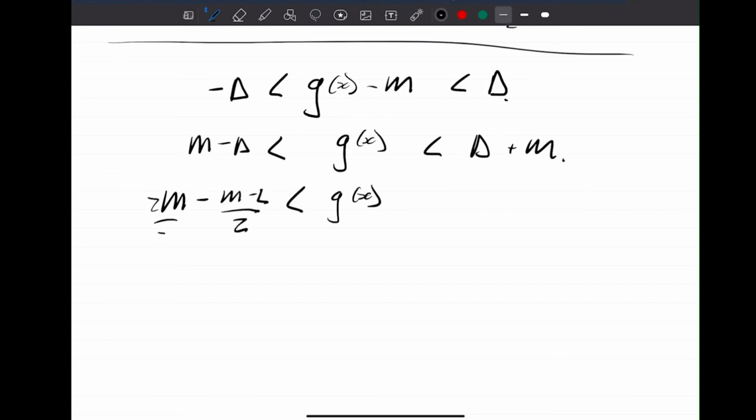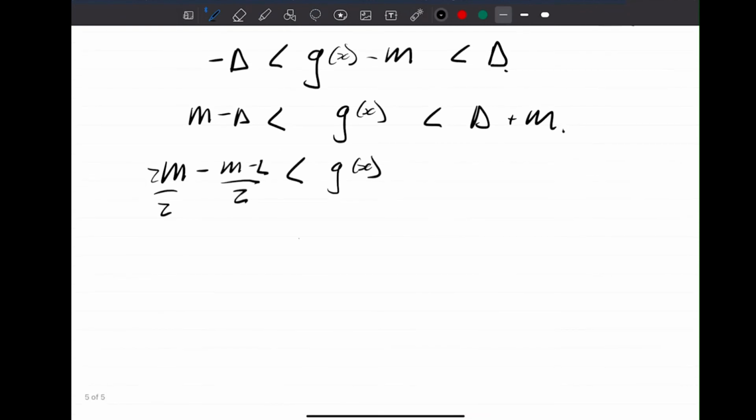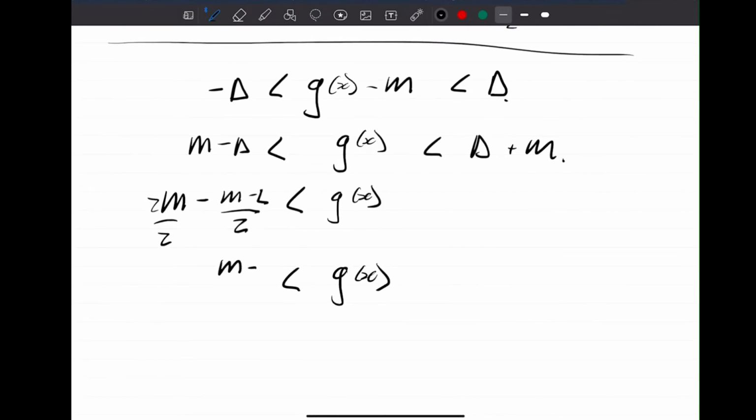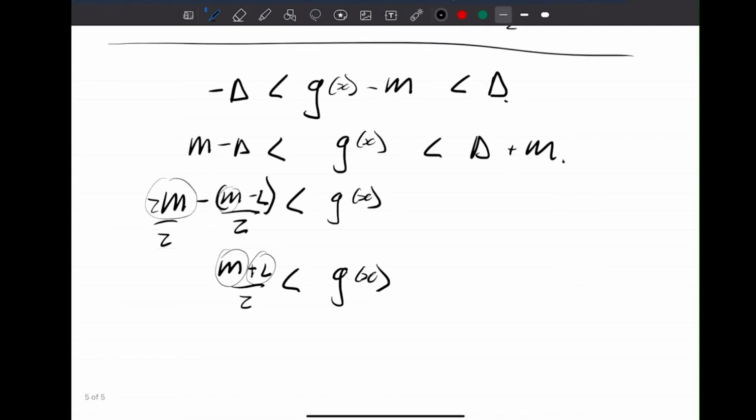And if we simplify that, we see that g of x is greater than m plus L over 2. So remember the brackets there. It's minus, minus L, plus L. So 2m minus m is m. Minus minus L is plus L.